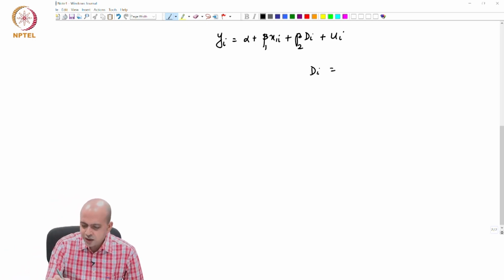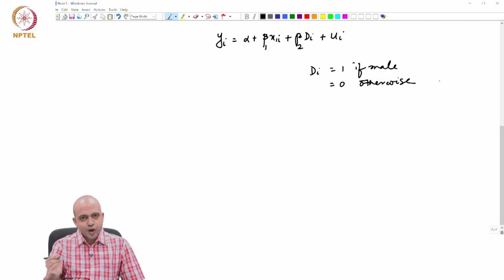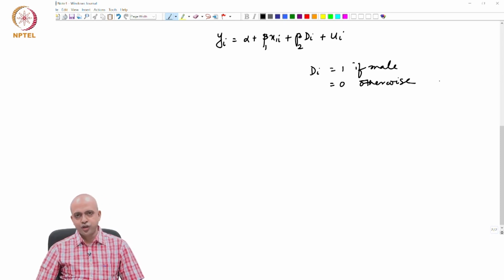You can easily define a variable d1i equals 1 if male and 0 otherwise. Then you have converted your qualitative variable into a quantitative one, and you can apply the technique you have learned so far in this context, right.